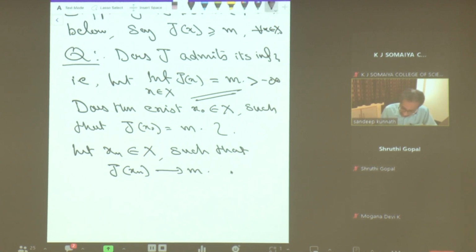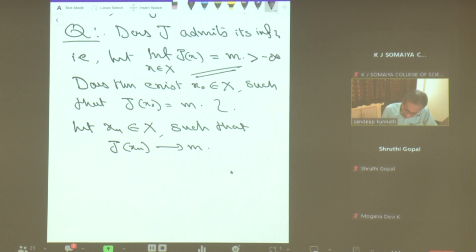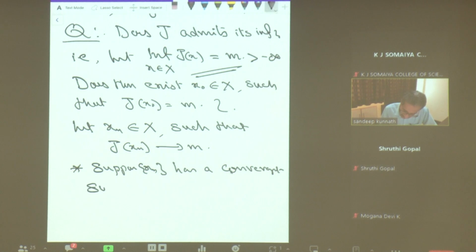Okay? Now, next I am writing it, suppose x n has a convergent subsequence, say x n i, which converges to some x naught.